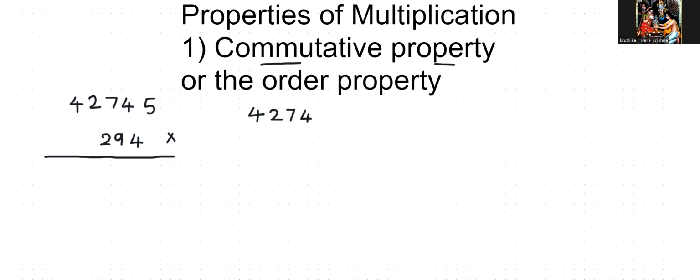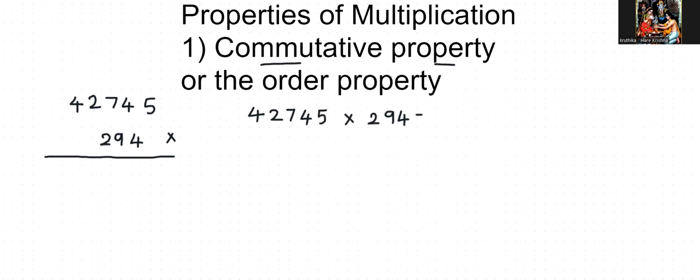So we'll have a little larger number for multiplication. Now it is 42745 multiplied by 294. So multiply this and see, and also change the order of multiplication and see. Use 294 as the multiplicand and use 42745 as the multiplier, and see, you will get the same answer.